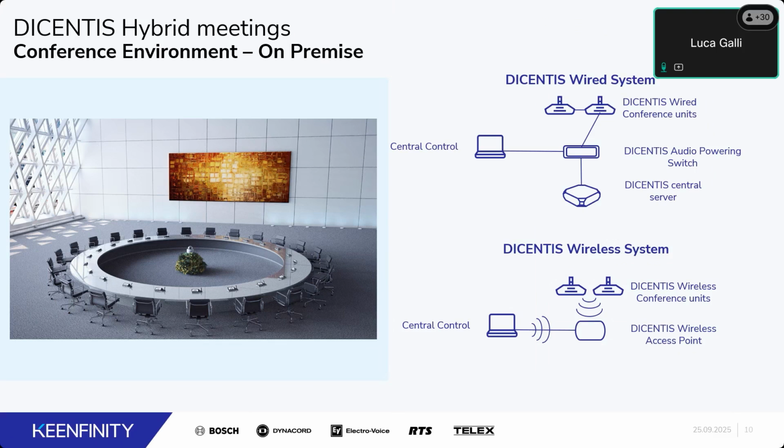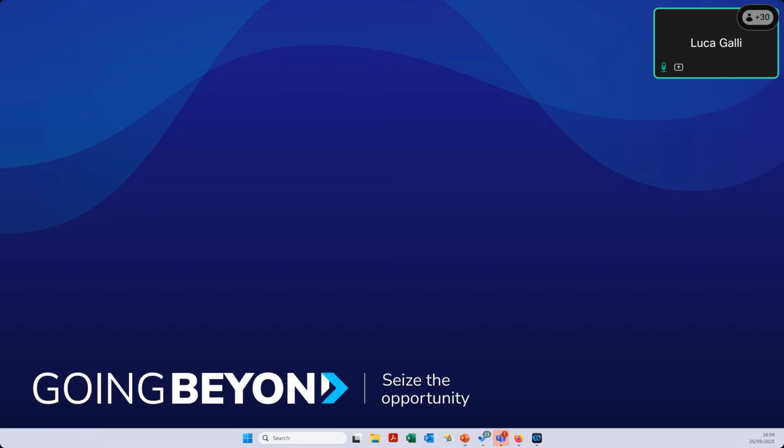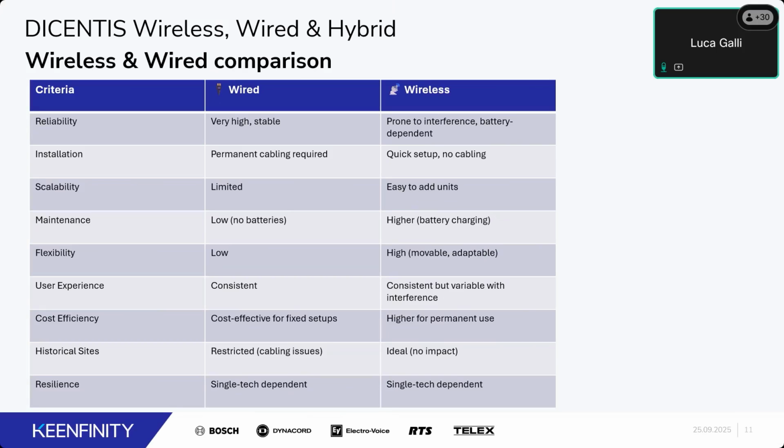Of course, if we deep dive a little more into the technology we would like to use, we can find some pros and cons in using the different technologies. If we take a look at wired, wired units provide more reliability and stability because of the fixed position, and the cabling provides a consistent quality in terms of audio and also video and content sharing.